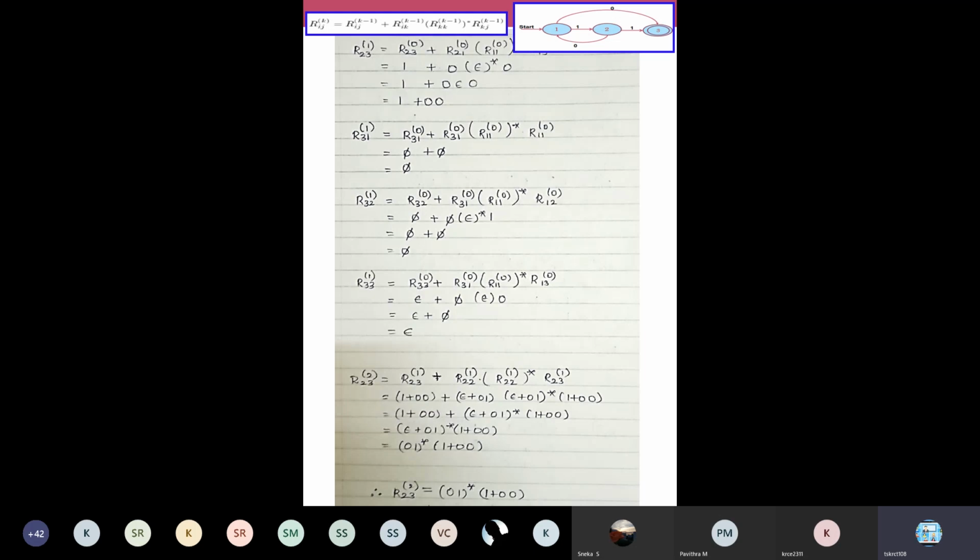They're asking for level 2, R23 of 2. If they ask for this, you find all values at level k equal to 1, till k equal to 1 you have to find everything. And whatever expression is asked in level 2, that expression alone you find. That's why we found R23 of 2 alone. We didn't find the other values in level 2. In level 2, it is enough to find the particular expression asked in your question.